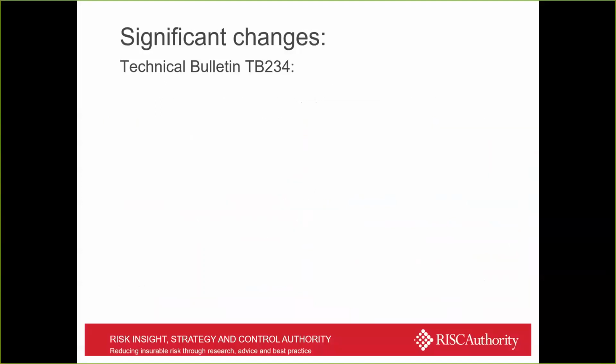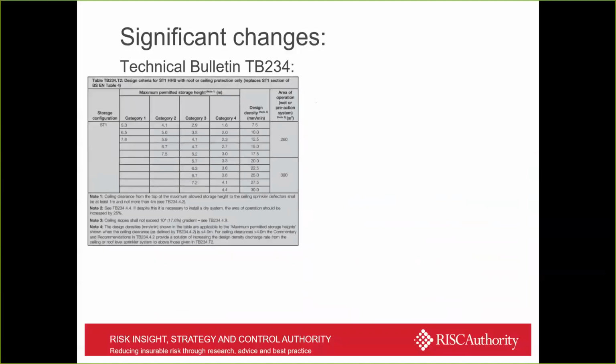So, if I now just pull up one of the tables just to show you what I mean. So, let's say, taking my previous example, we've got some ST1 storage. We've got actual storage height of 3.6 metres, say, and it's category 3 products. So, you can see from table T2 there that you exceed the 3.5 metres that's listed for 10 millimetres, so you'll be looking at 12.5 millimetres over 260 if your product is 3.6 metres high.